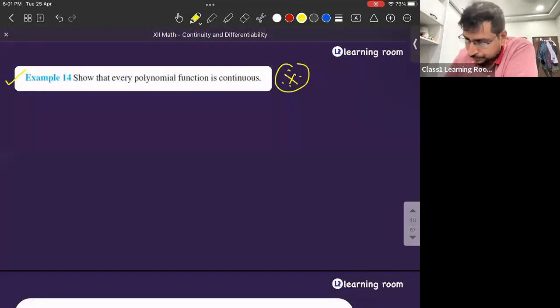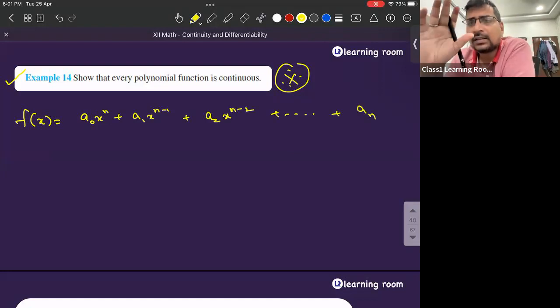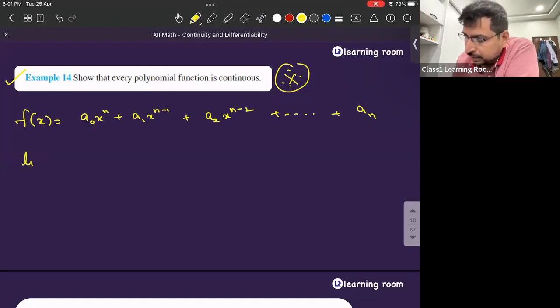So how to prove that? Let f of x be equal to a naught x power n plus a1 x power n minus 1 plus a2 x power n minus 2 plus and so on till an. This is the general form of a polynomial function. What does the definition of continuity tell us? Limit x tends to c f of x should be equal to f of c.